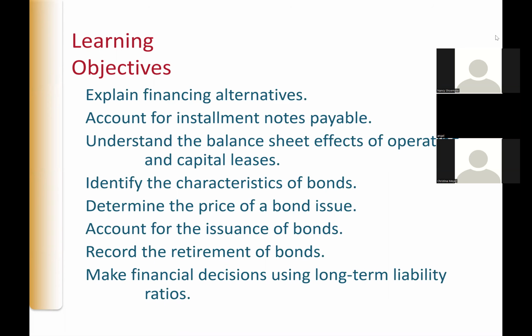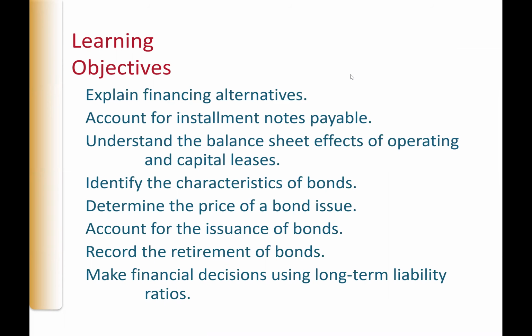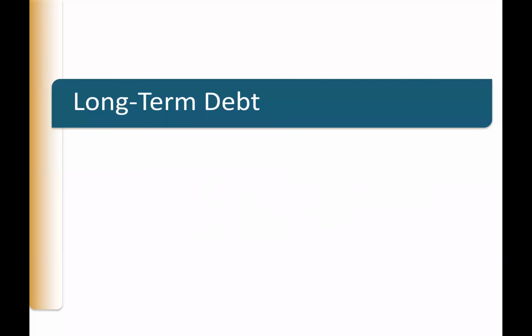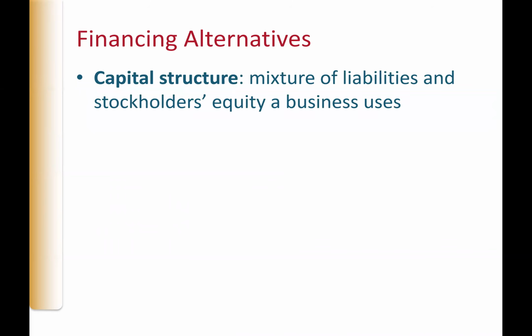So we started with discussing long-term liabilities, those liabilities that are due in over a year's time. And one of the first things we talked about is that companies oftentimes will fund expansion with a mixture of capital, which would be selling shares of stock, and financing, which is taking out loans.